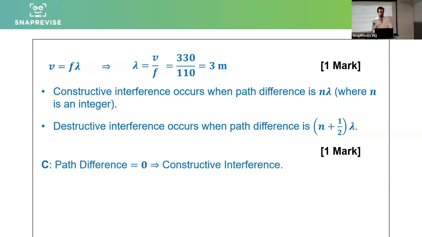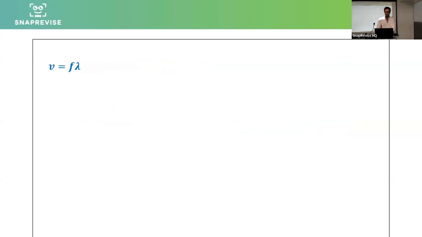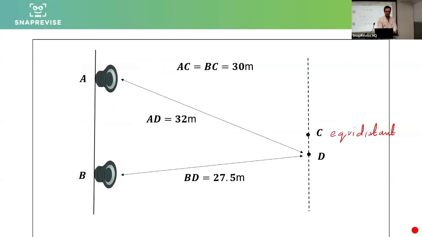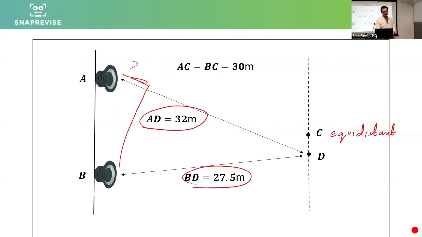At point C, the path difference. When I first read this question, I was a little scared that we were going to have to do some trigonometry. But actually, the fact that they give us these two is of great comfort. We don't need to bother with drawing this and working out the path differences and so on and so forth.